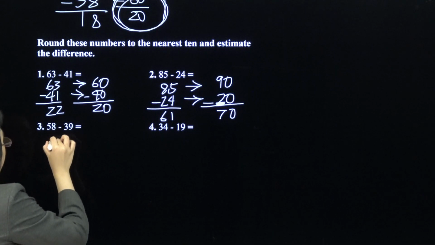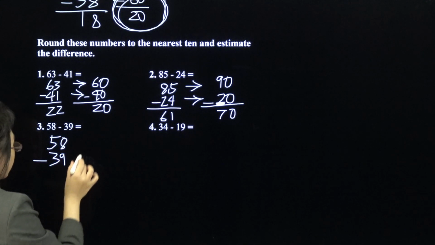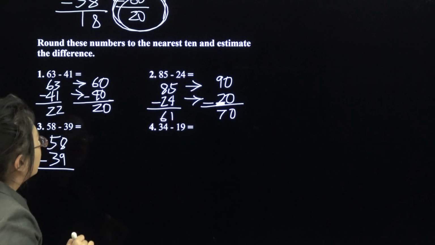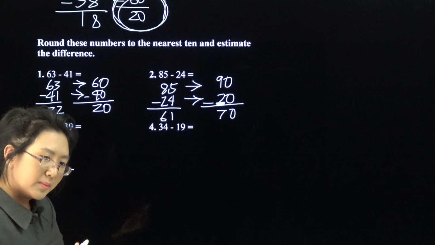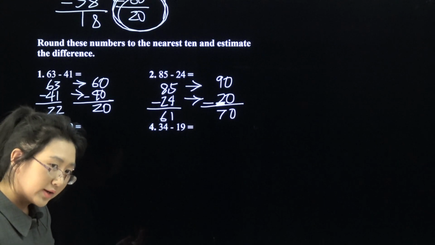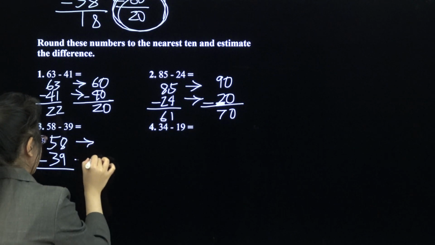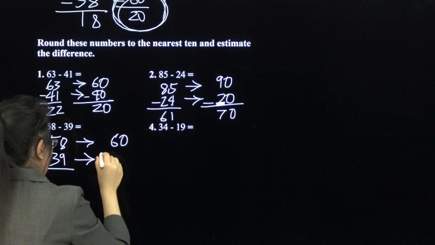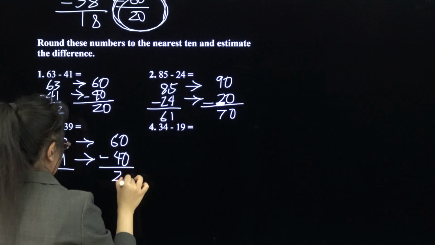Now 58 minus 39. Both of these numbers have numbers that are 5 or bigger in their ones place, which means that both of these numbers are going to be rounded up. 58 is going to become 60, and 39 is going to become 40. 60 minus 40 is 20.